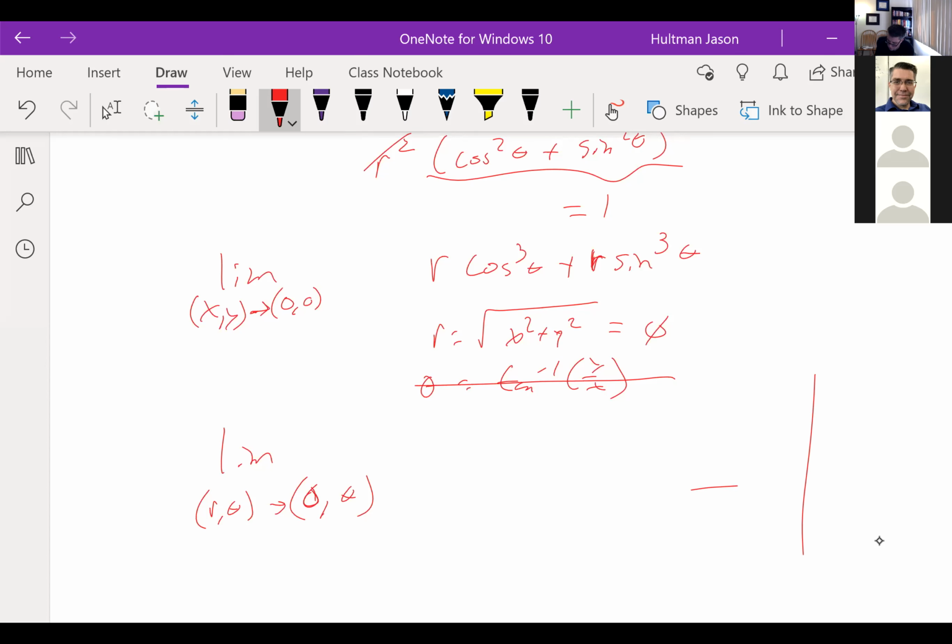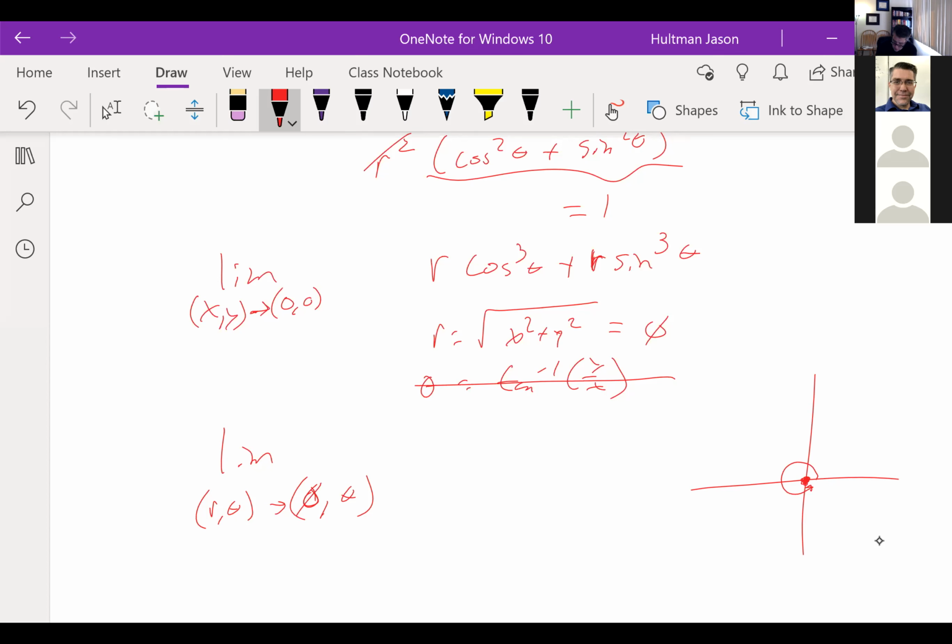Think about polar coordinates: if r is 0, aren't you on the origin anyway? It really doesn't matter what theta is. Theta could be 360 degrees, and it doesn't matter. If your r is 0, you're stuck at the origin. You can spin around forever and ever if you want, but it's not going to mean anything.